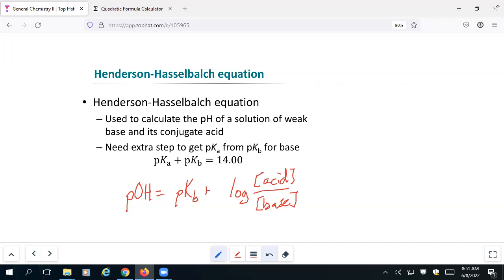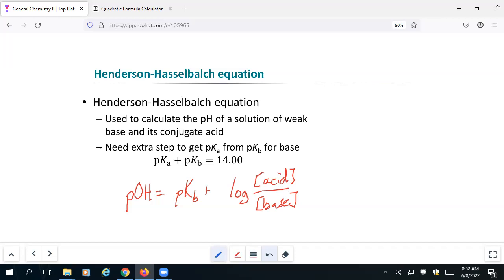If you are dealing with a basic buffer system, ammonia and ammonium ion, quinoline and hydroquinoline, aniline and anilinium ion. Pick your favorite nitrogenous organic, the one that has a hydrogen attached to it also.